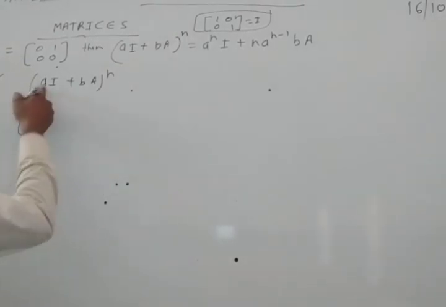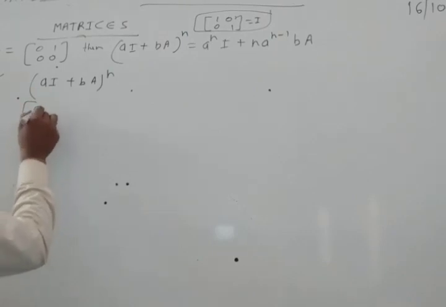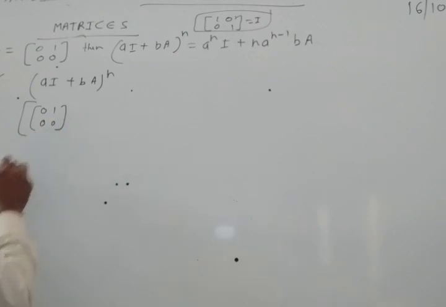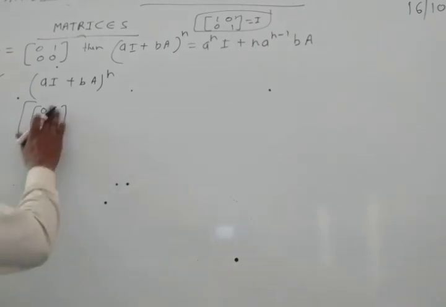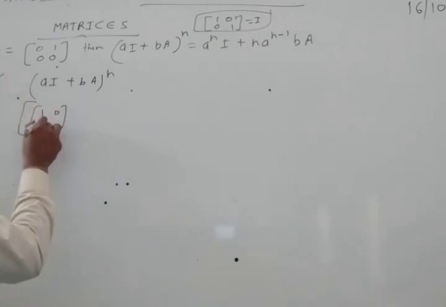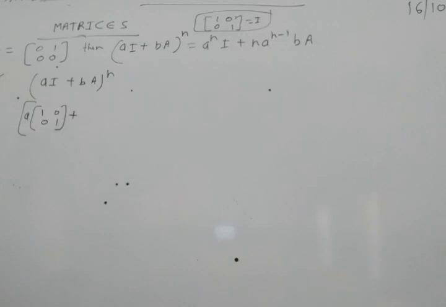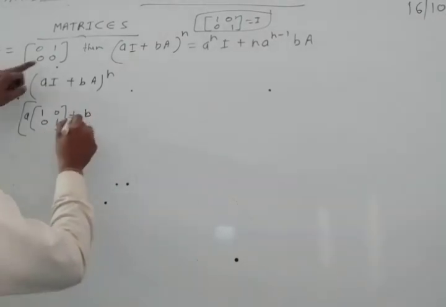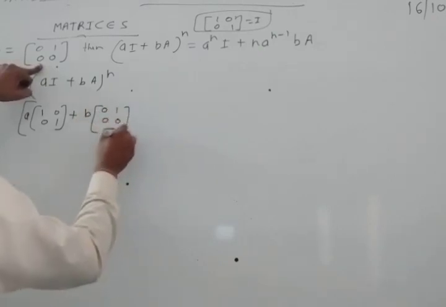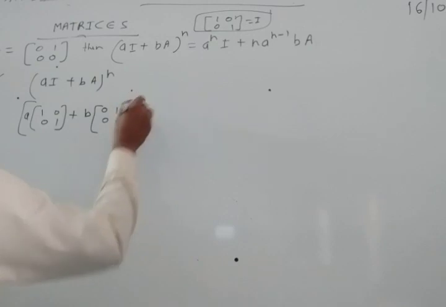We will take the matrix A as 0 1 0 0. Sorry, matrix I is 1 0 0 1, and this is a, plus now b times A, which is 0 1 0 0, to the power n.